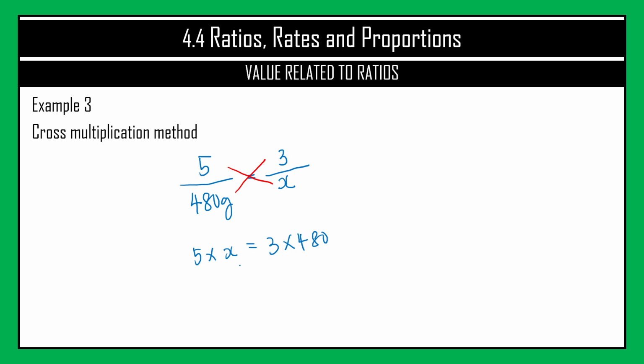Okay, so if you multiply 3 with 480, alright, you will get 1440. Now I only want X, means that I need to divide by 5. So when you divide by 5, you will get the exact same answer as we did with the unitary method, which is 288 gram.